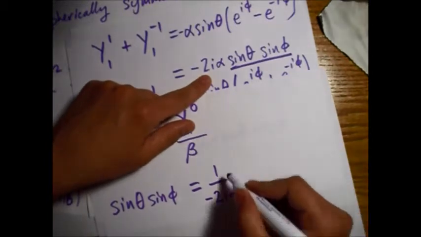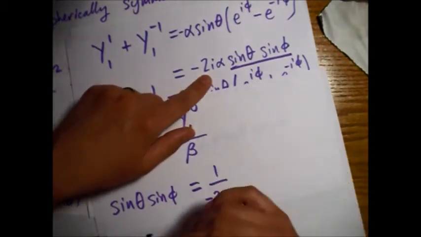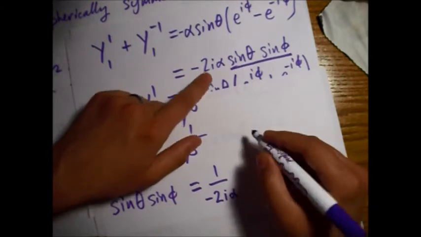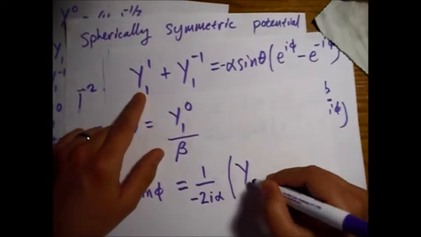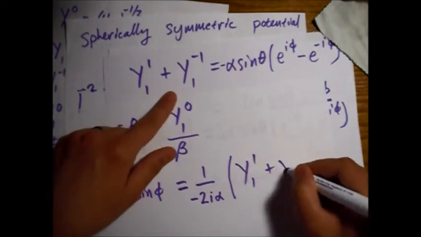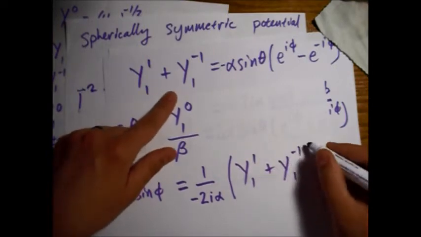Alright, and you can bring the i upstairs and take away the minus sign. But alright, so minus that multiplied by what we had over here, Y11 plus Y1 minus 1.